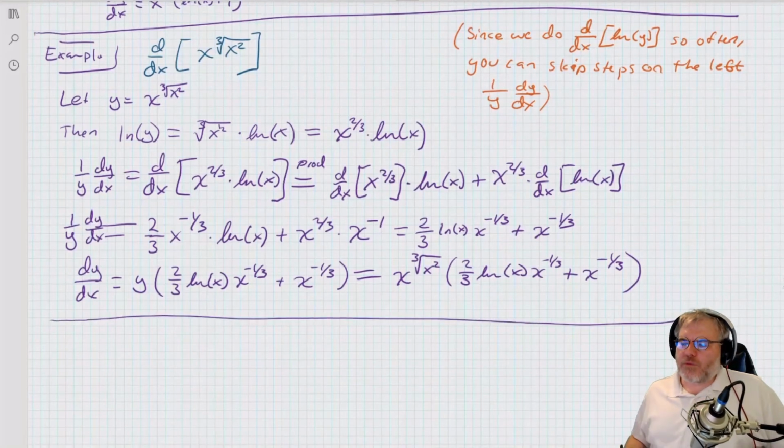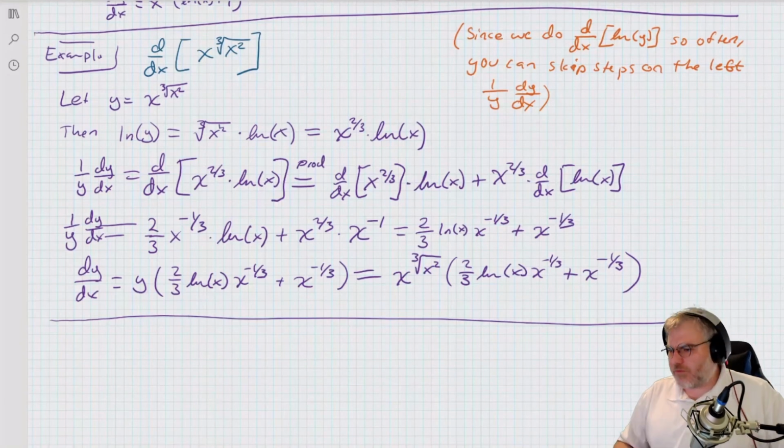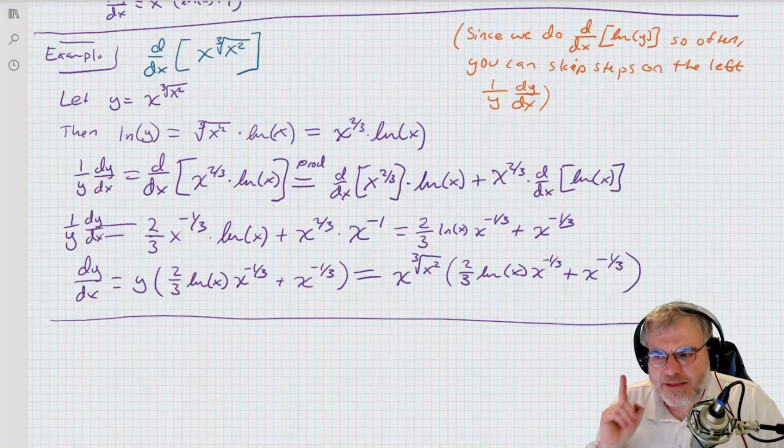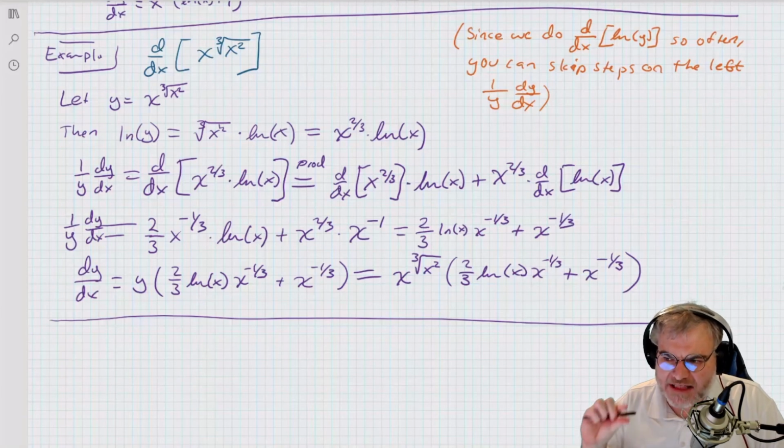All right, well, we can use this to prove the power rule finally, the power rule in general. But note there's a limitation. This particular proof requires that x be greater than 0. So it doesn't work for everything, right?